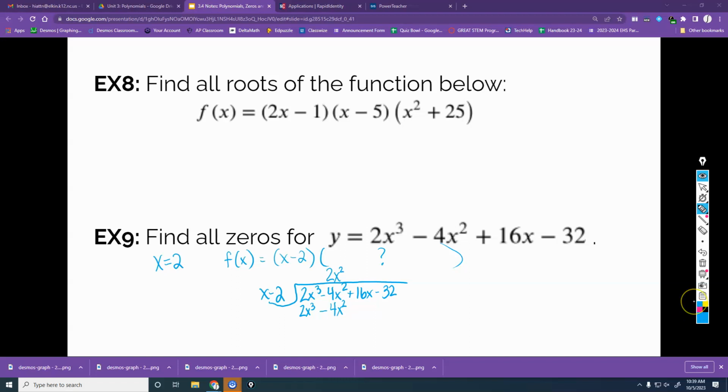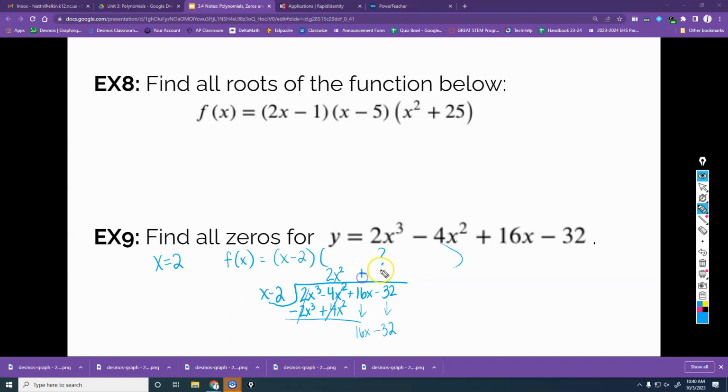All right, what do I do next? I divide, multiply, and then subtract, which is actually going to make both of these go away this time. All right, so I actually want to bring down all that I've got left here, 16x minus 32. Now I got to ask myself, what times x would give me 16x?